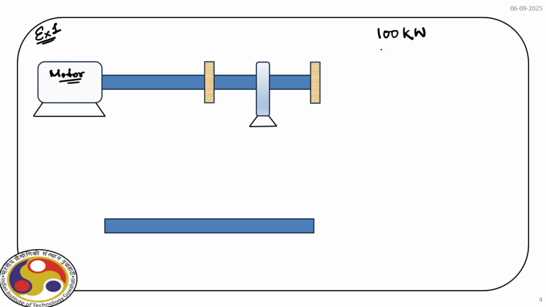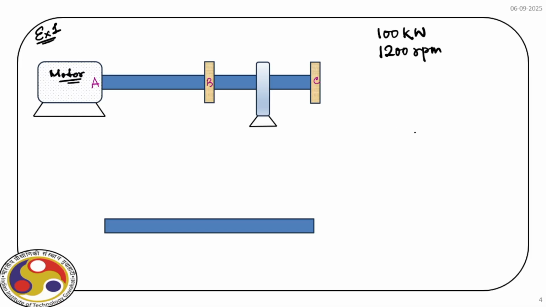And the RPM is given, it is 1200 RPM. Now let us mark the ends say A, then we have B here and C here.